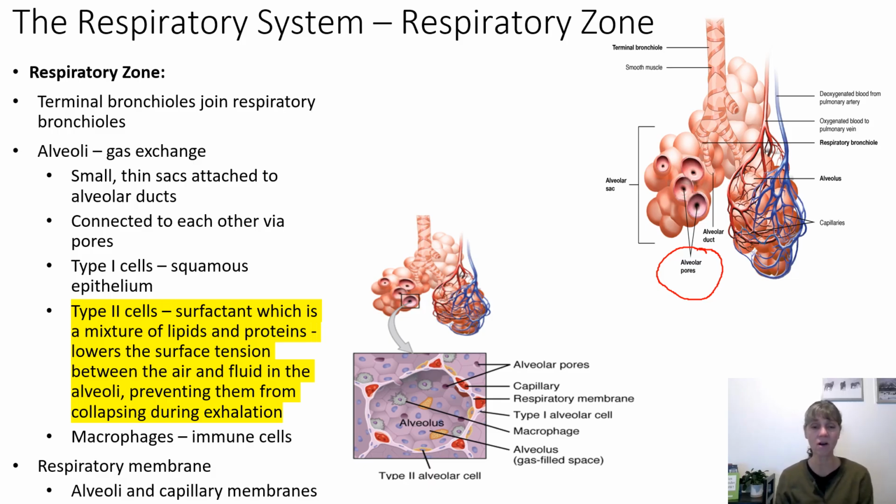You'll notice that there are also macrophages located in the alveoli, and those are immune cells, obviously, that are going to help eat up bacteria and other pathogens. And the connection between the capillaries that surround the alveoli is what is known as the respiratory membrane.